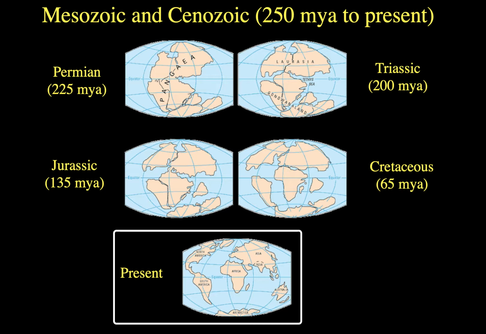There have been some changes where North America and South America were joined by this isthmus in Central America, joining the two continents, and that caused some organisms to be able to migrate from North America through Central America and South America, whereas before that time they couldn't do that.